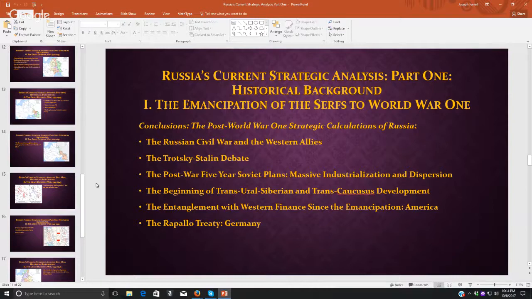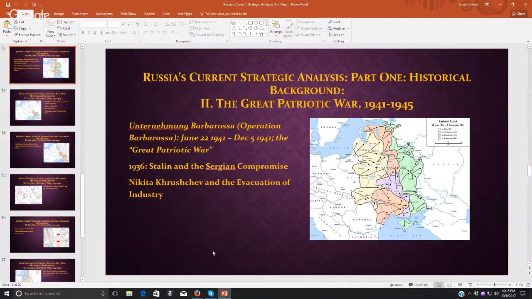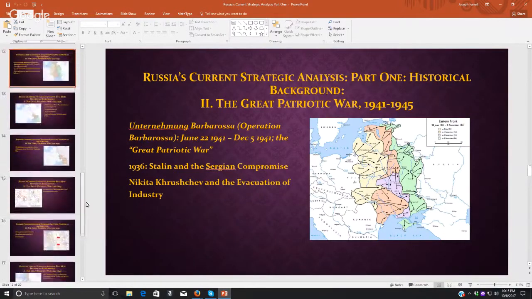They're thinking in terms of long-term realpolitik, nuts and bolts strategic calculation. And again, we're going to see this under Mr. Putin, although with some very ingenious new twists that I think once we get to it, you're going to be rather stunned.